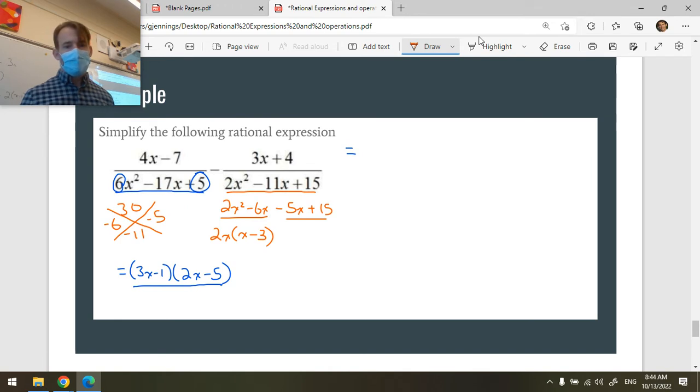And then minus 5 is my common factor over here. I could have taken out positive 5, but then I would have had to take out another negative 1 because I would have ended up with negative x plus 3. And I don't want that. I want x minus 3 to be my common binomial factor. And then I rewrite in its fully factored form, x minus 3 multiplied by 2x minus 5.